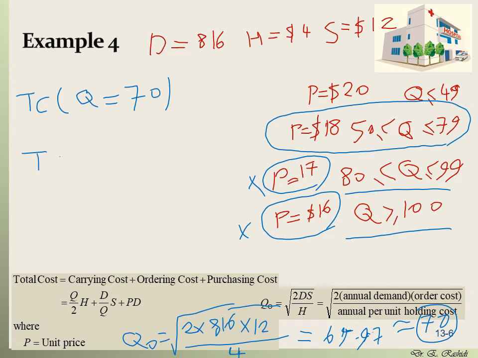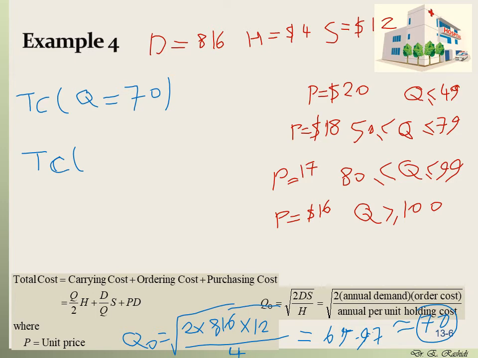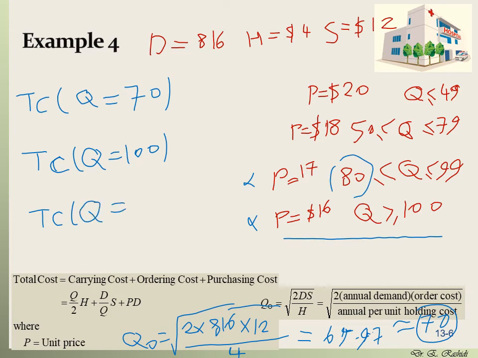We're also going to have to find the total cost for the lowest price range, which is $16, where the smallest quantity is 100. So we're going to find the total cost when we order 100. And we need to find also the total cost for the second price range, which is at $17, and the minimal quantity would be 80. So we're going to find also the total cost when the quantity is 80.